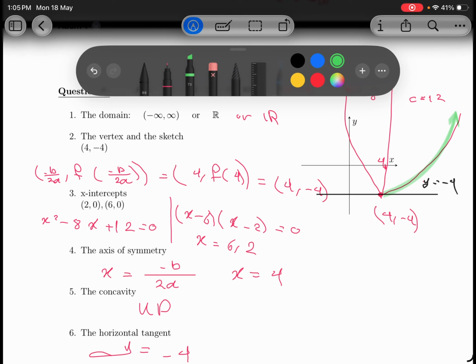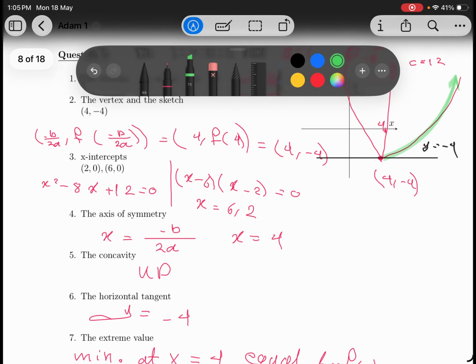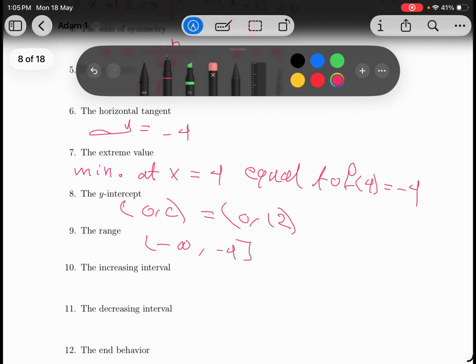So it's increasing from 4 to infinity, open here indeed, and here optional, because at 4 I can make it open or I can make it closed. Whether closed or open, when it comes to increasing and decreasing with this sort of functions, it's fine.